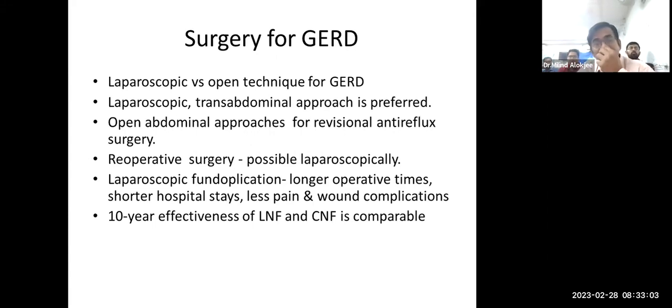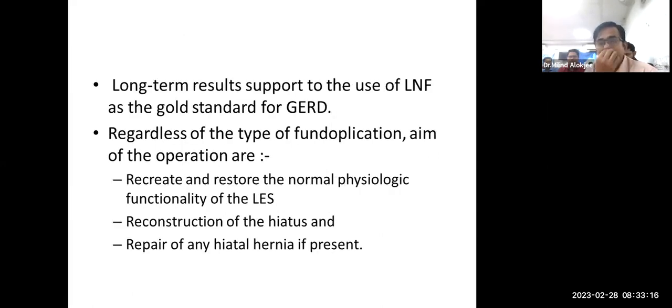Some patients who require revisional surgery, though earlier offered an open abdominal approach, are now also being managed laparoscopically. So long-term results support the use of laparoscopic fundoplication as the gold standard for GERD.